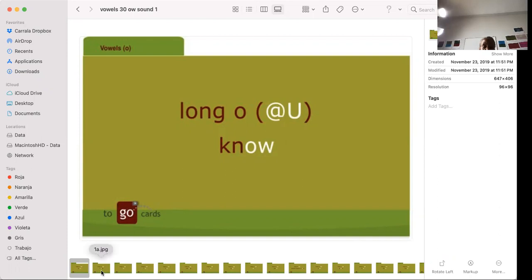Very important word: know, to know. Now you have the O-W and you have the O-U. Just like the E-E and the E-A sometimes have the same sound, sometimes the O-W and the O-U have the same sound, but not all the time.